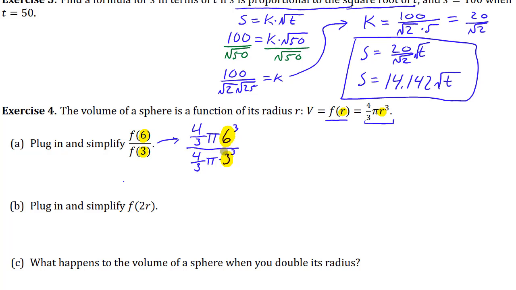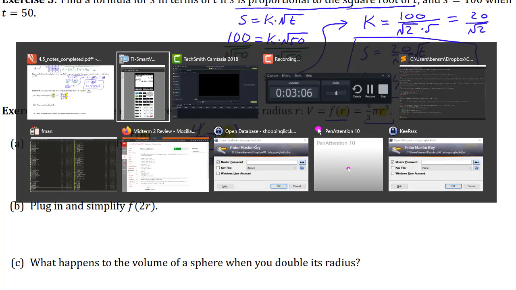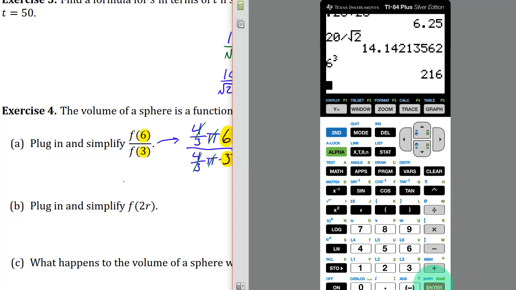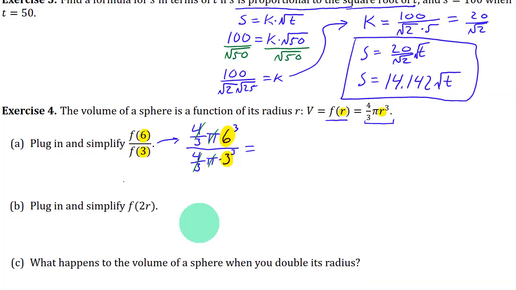Now you'll notice that most of the stuff cancels out. You have a factor of 4/3 and a factor of 4/3, so you can reduce that, a factor of pi and a factor of pi, so you can reduce that. And 6 to the power 3, I believe, is 216. Yep. 3 to the power 3 is 27.